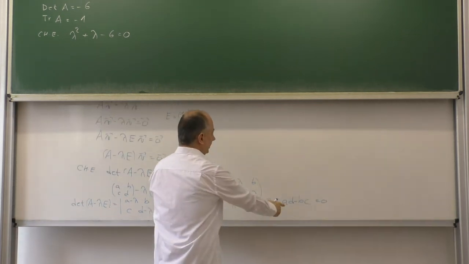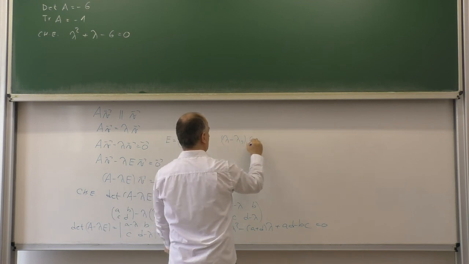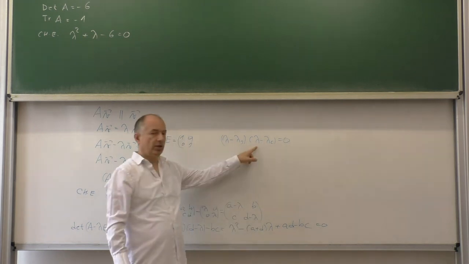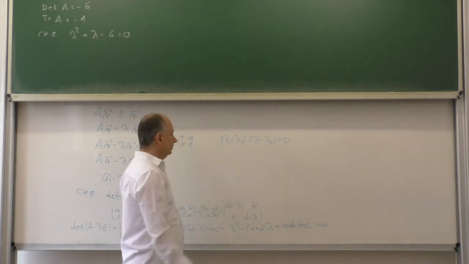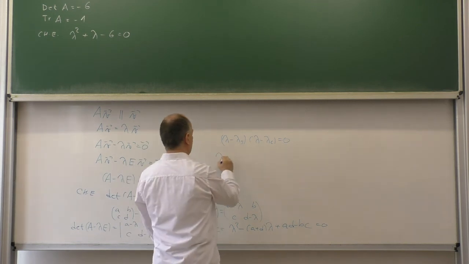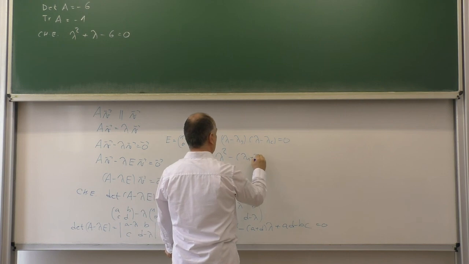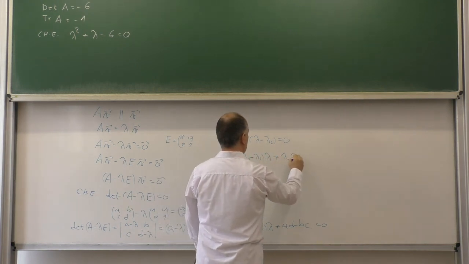If we compare this equation with lambda minus lambda 1 times lambda minus lambda 2 is 0, where lambda is the unknown and lambda 1, lambda 2 are the two roots, then if we expand this multiplication, we have lambda square minus lambda 1 plus lambda 2 times lambda plus lambda 1 times lambda 2.